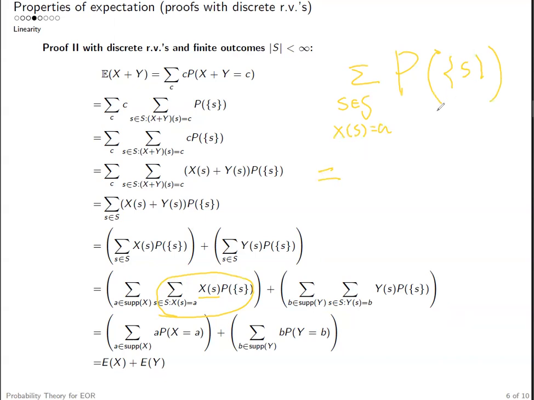Look at here. Again, it's a summation of probability values of events that are mutually exclusive. According to the axiom of probability, we know the summation of such probability will equal to the probability of the union of these events.